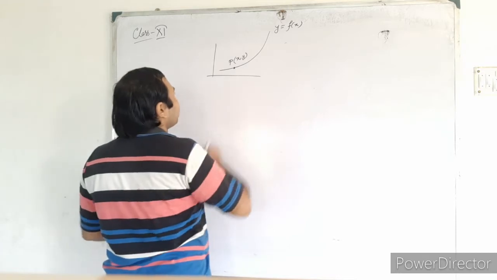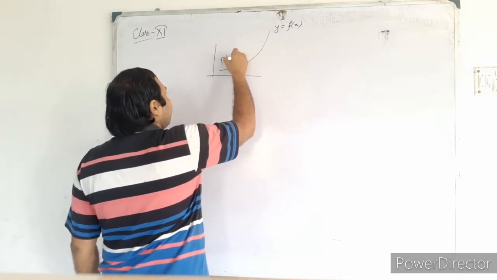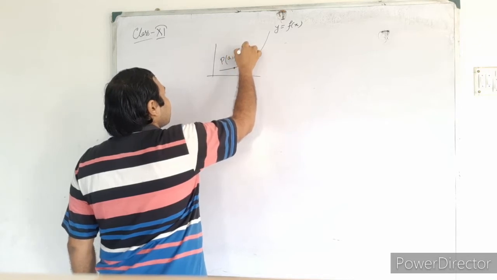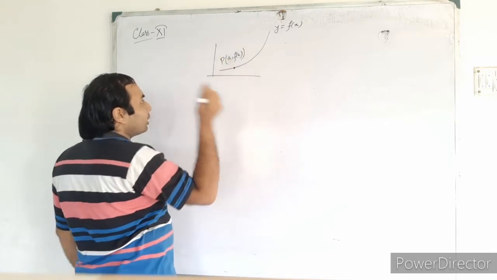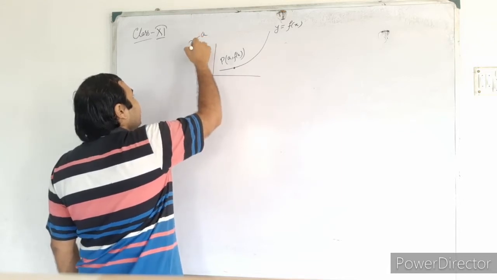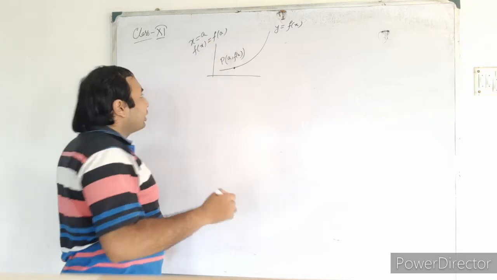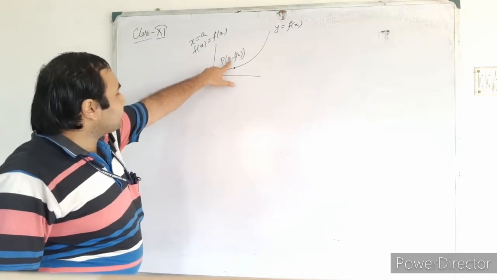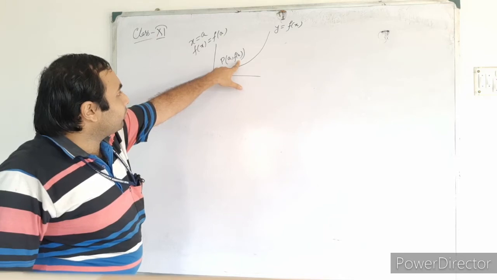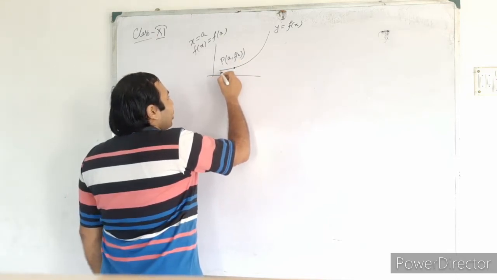Let us take this as P (a, f(a)). That means for the value of x equals a, f(x) will be f(a). So for the value of x as a, we are getting the value of the function as f(a).